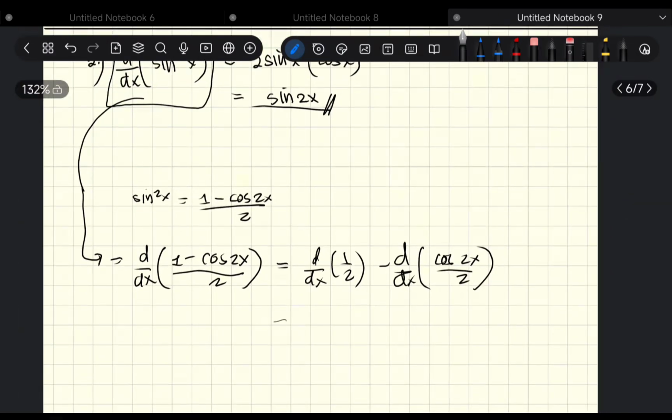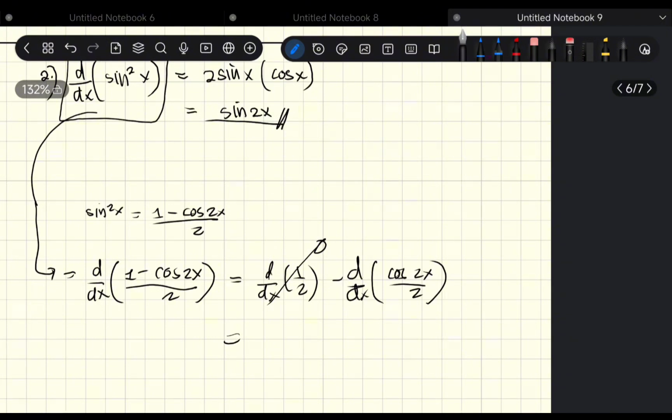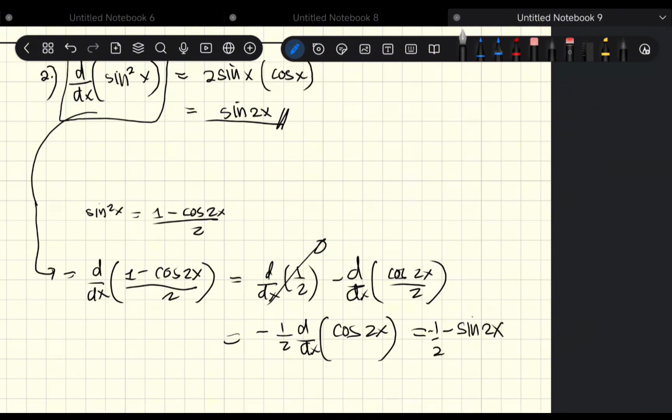That is 0, negative 1 half d over dx of cosine 2x, and we get negative sine 2x. The derivative of cosine is negative sine 2x, and we forgot to add the 1 half here. And chain rule 2, the derivative of 2x is 2. So cancel. So that is negative, negative. It will be sine 2x.